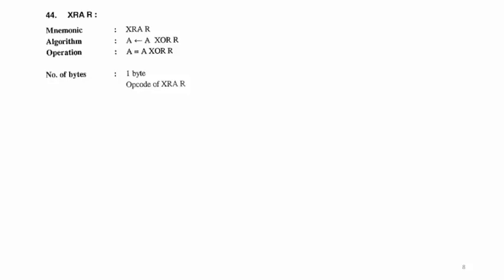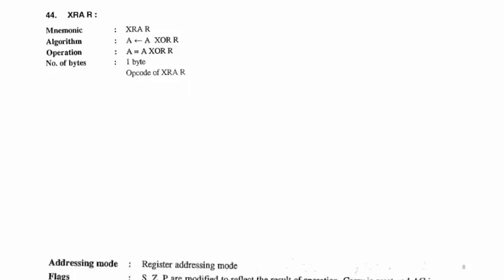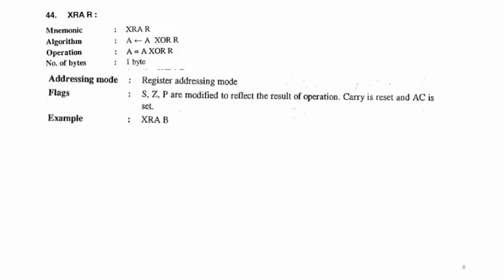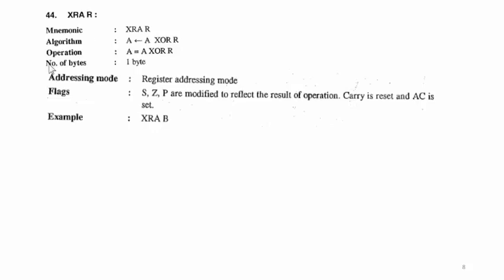Its addressing mode is register addressing mode, and the size of the instruction is 1 byte, only the 1 byte opcode of the XRA R instruction. In this case also the carry flag gets reset, auxiliary carry flag is set, and the remaining flag bits, sign, zero and parity, are modified according to the XORing operation to reflect the result.